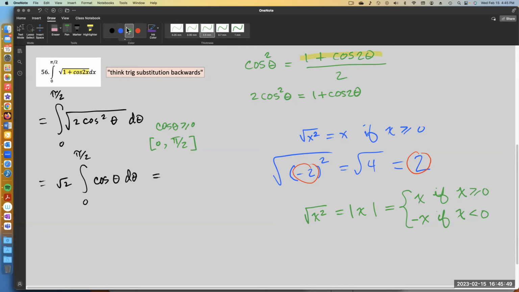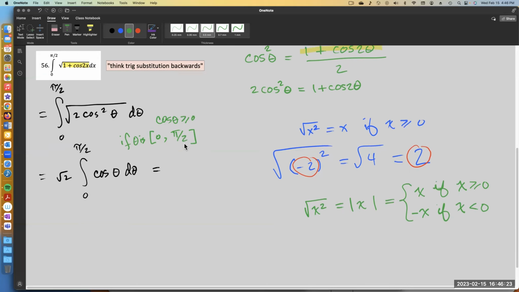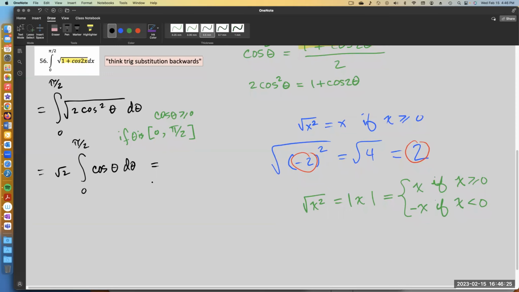Yes, because cosine is the x values, and they're always positive here. Cosine is the first coordinate on the unit circle. 0 to pi over 2 is quadrant 1, and in quadrant 1, cosine is positive. So that's why it works. It'll come back to haunt us later, don't worry.